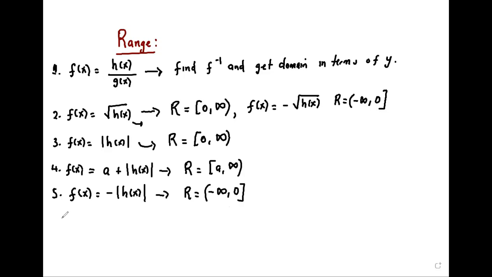The sixth one is if I have f of x equal to a minus the absolute value here. This gives us the range to be negative infinity all the way up to a.